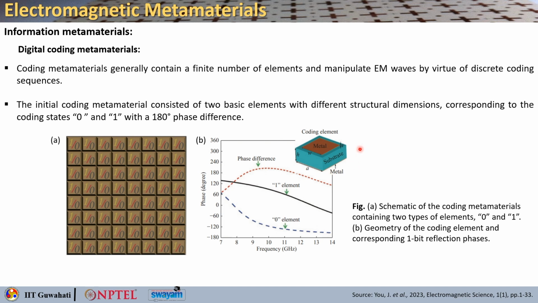Just for information, the substrate has a thickness of around 1.964 millimeter with a dielectric constant of 2.65 and a loss tangent of 0.001. The metallic patch has a thickness of 0.018 mm, width W, and the periodicity is A, which is 5 millimeter.